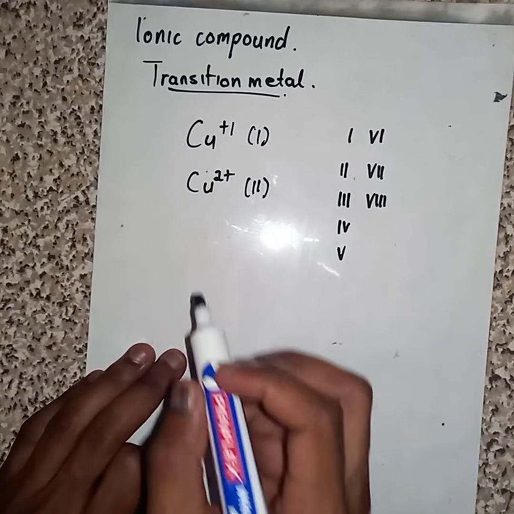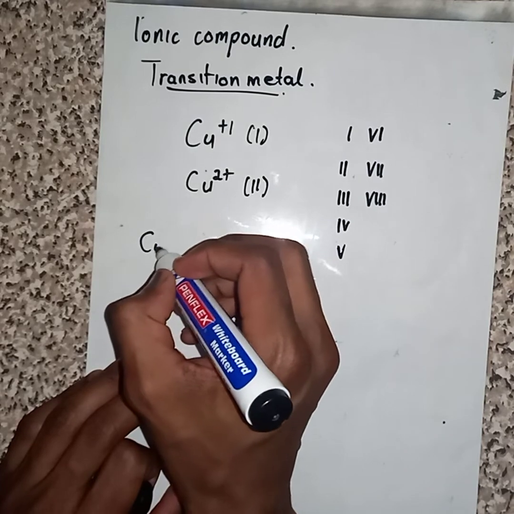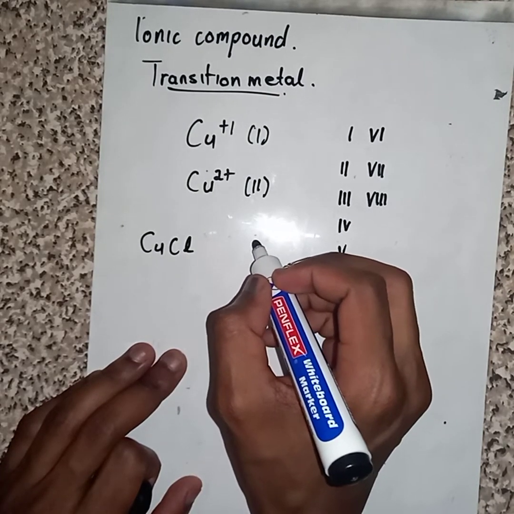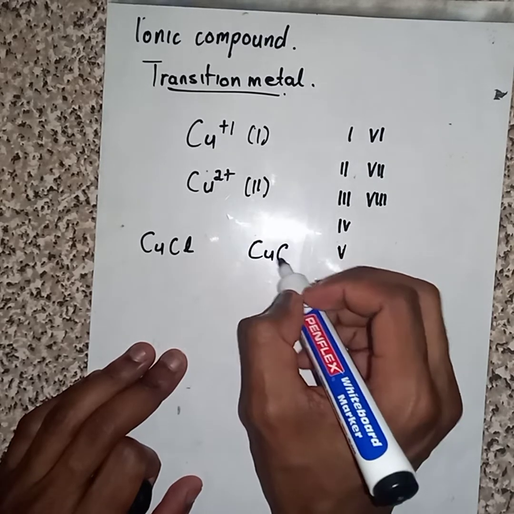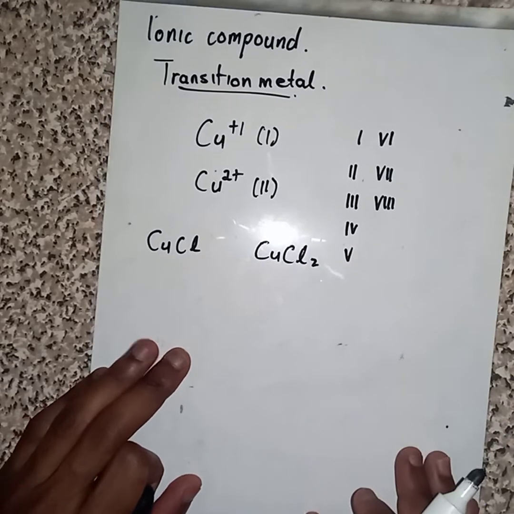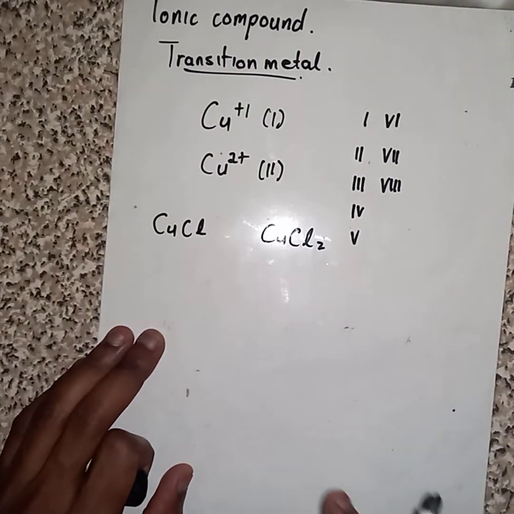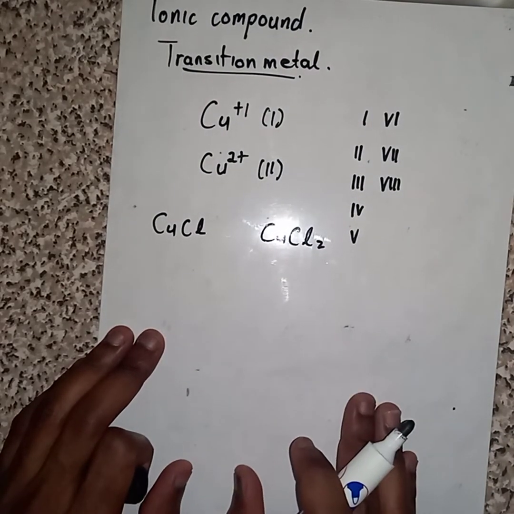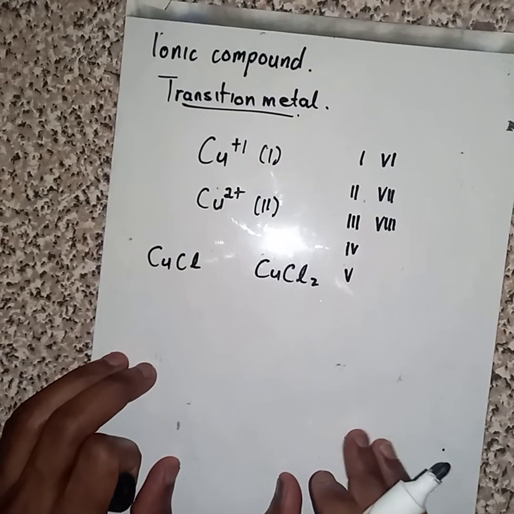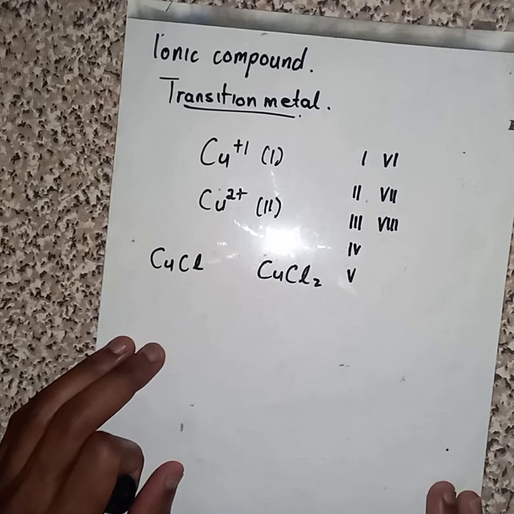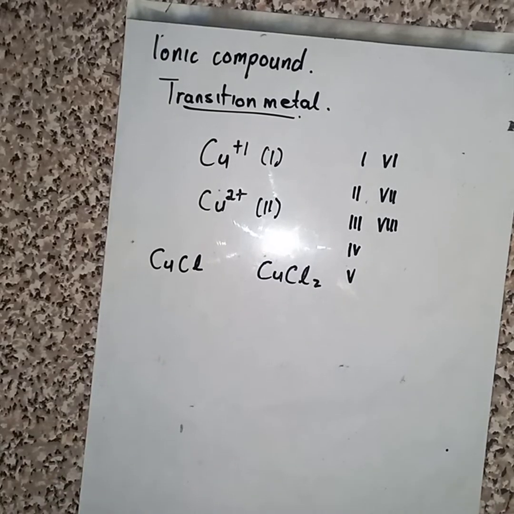If I give you, let's say, CuCl as well as CuCl2, and I ask you to write the name for the following, how are you going to write the name for each of these compounds? It's so simple. We are going to do a little bit of math.